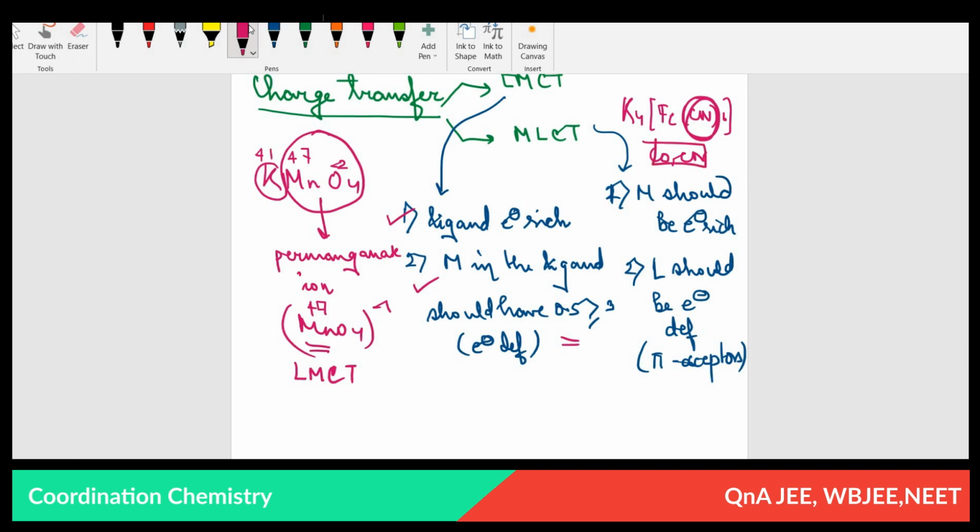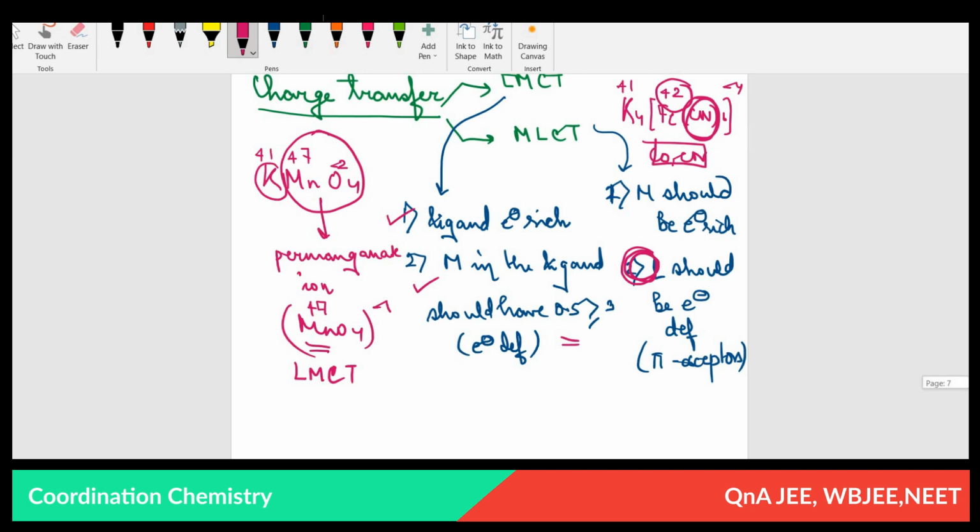So whenever you see these kinds of ligands, you will know that this should be an MLCT concept. Another thing, the metal here has a charge of +2, so this is not exceeding the +3 concept. So this can never be LMCT. This will be MLCT, that is metal to ligand charge transfer.